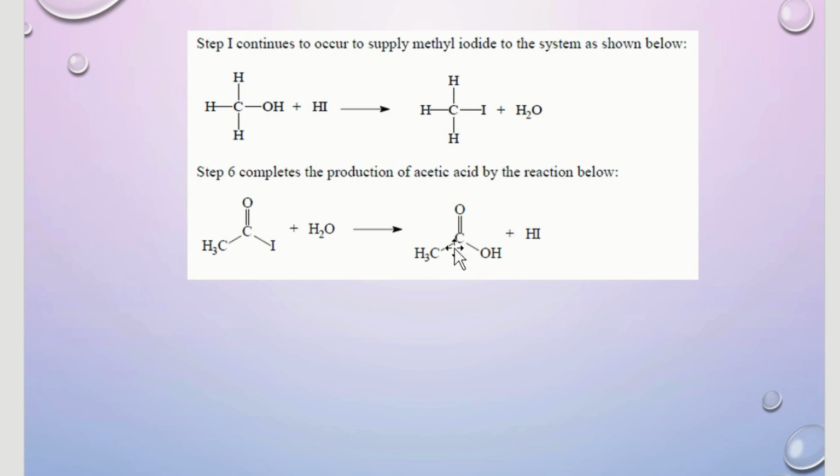From the iodomethane, we already have C double bond O here, and it reacts with H2O to produce the acetic acid. The last product is acetic acid.